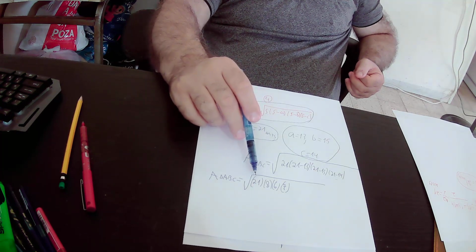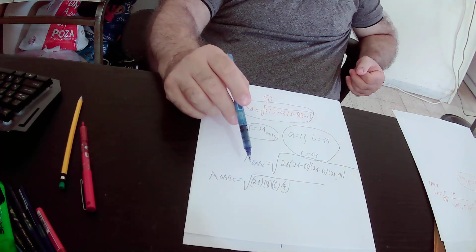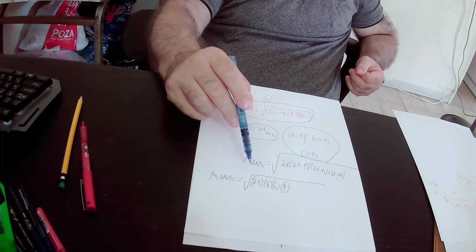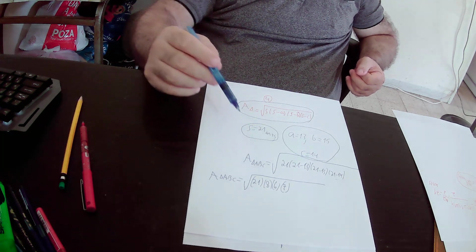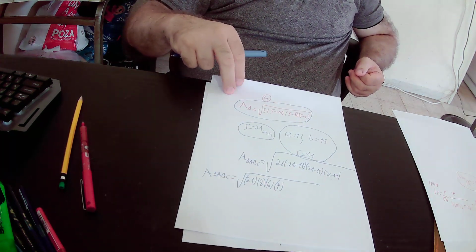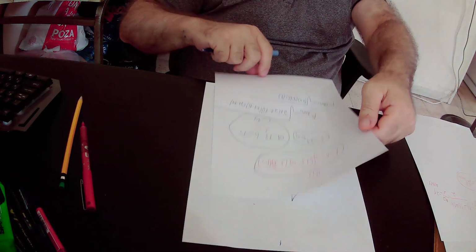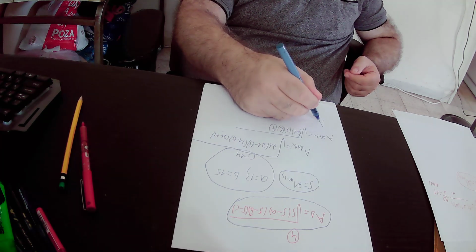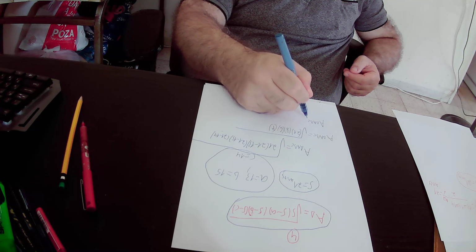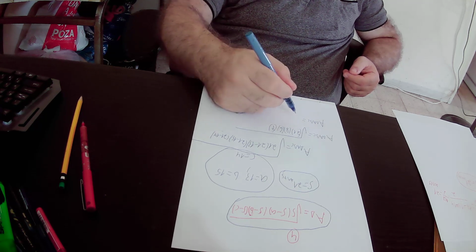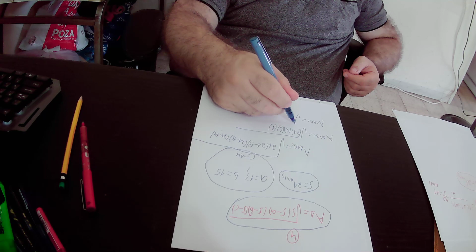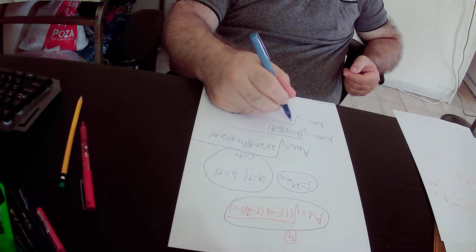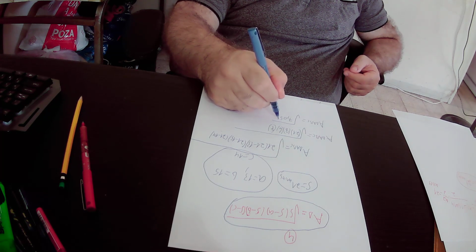The outcome of this multiplication equals 7056. So the area of triangle ABC equals the root of 7056.